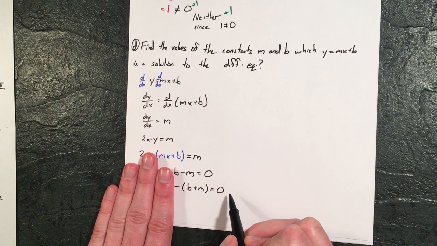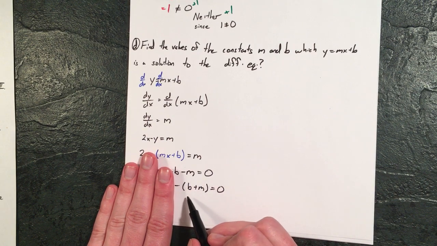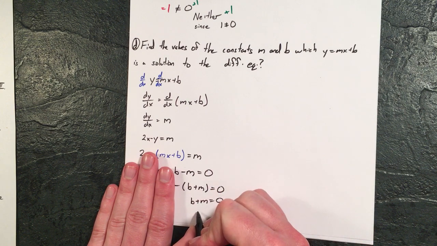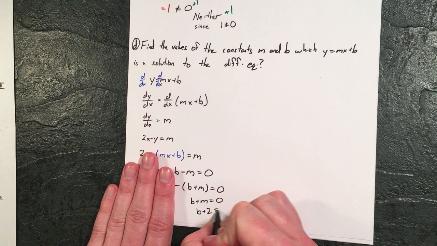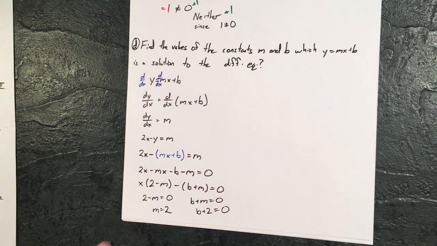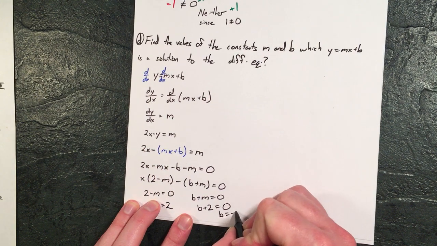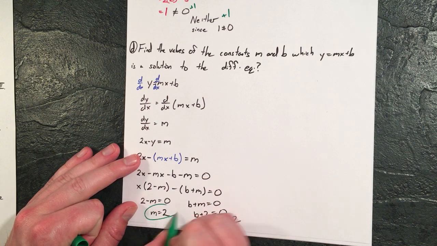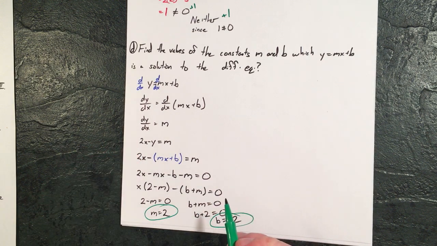B plus m is 0. Negatives there, but that's not really affecting us. But we do know that b plus m has to be 0. But we just figured out that m was 2, which means that b has to be negative 2. And those would be the two constants that we're looking at.